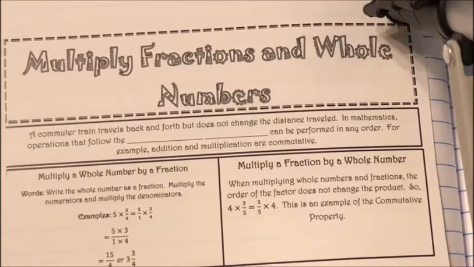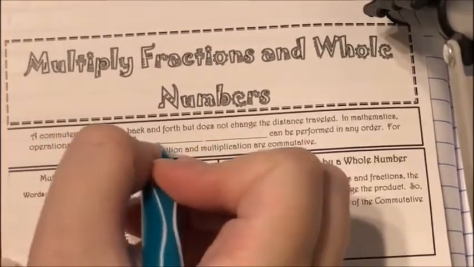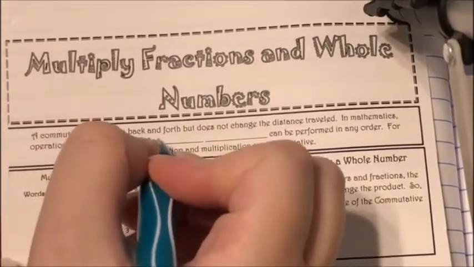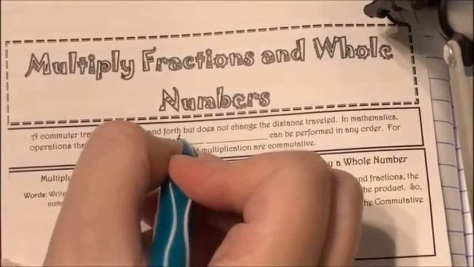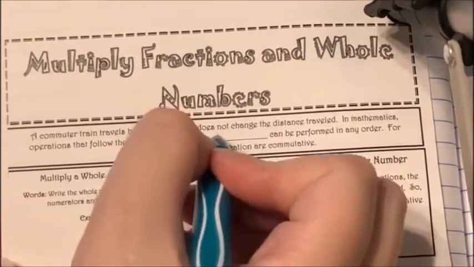In math, operations that follow the blank blank, in those two blanks you're going to write commutative property.